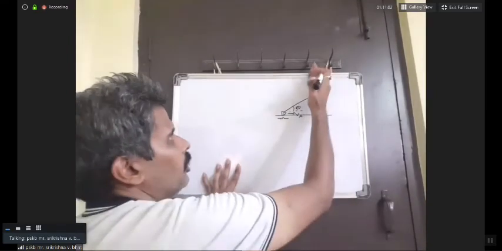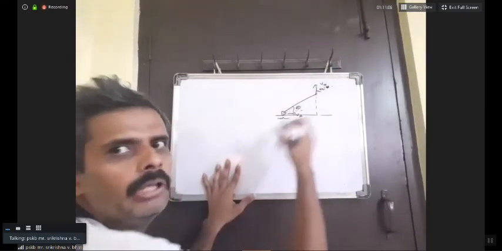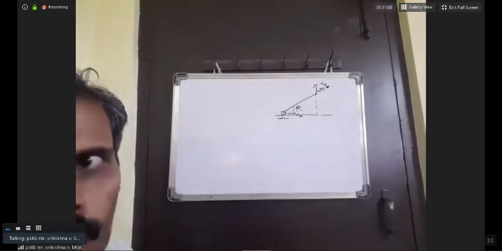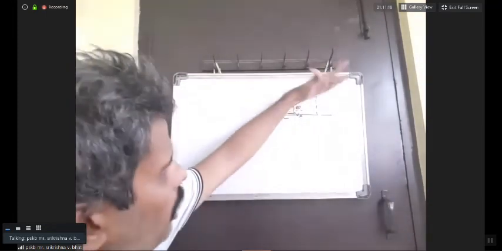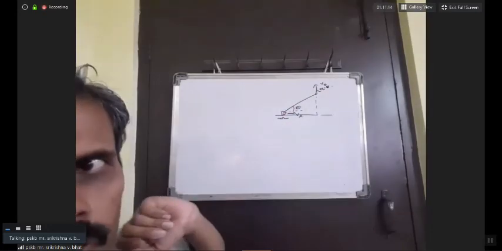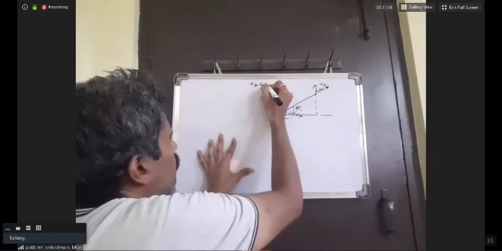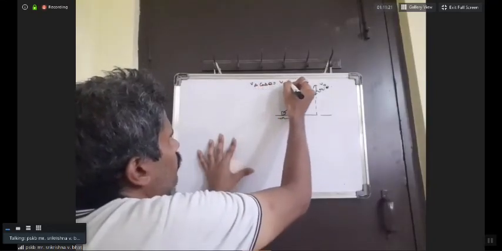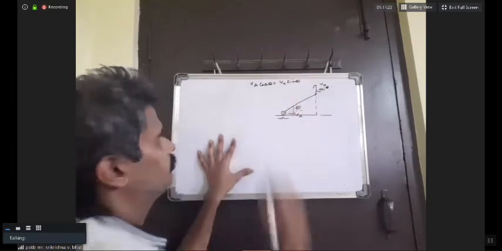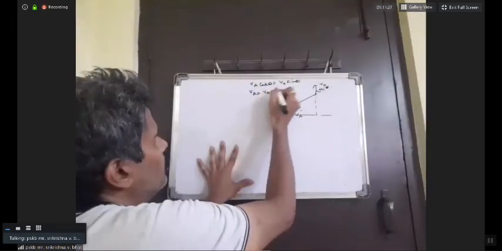So the component of V0 along the string and the component of Va along the string should be equal, because along the string there is no relative motion. If we equate them, we get Va cos theta equal to V0 sin theta. So Va will be V0 tan theta.